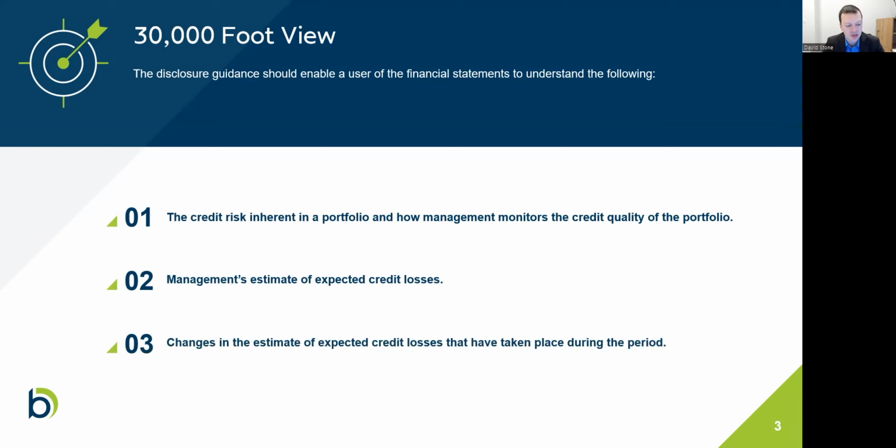Then lastly, changes in the estimate of expected credit losses that have taken place during the period. So it's as simple as that. That's all we're trying to accomplish with these disclosures. Of course, there's a lot of input and detail that goes into making those disclosures, but from a super high level, this is what we're trying to accomplish.